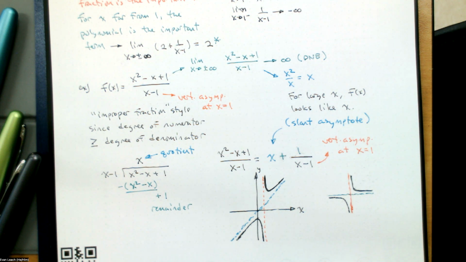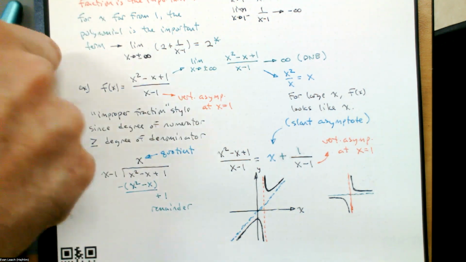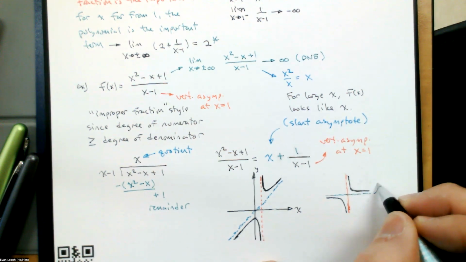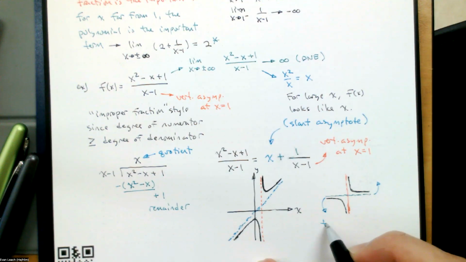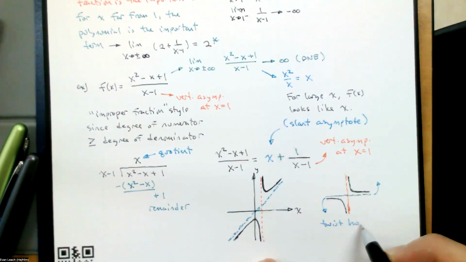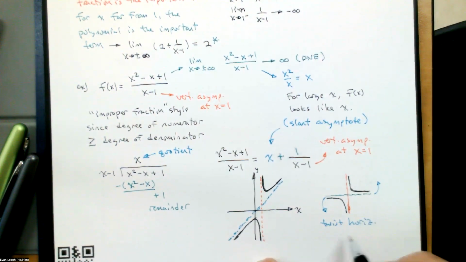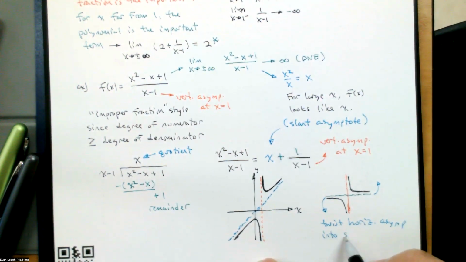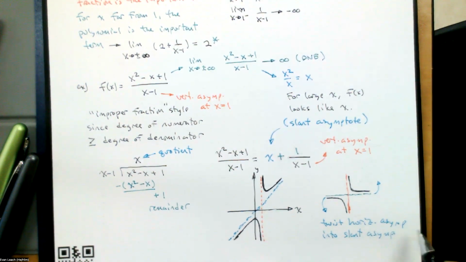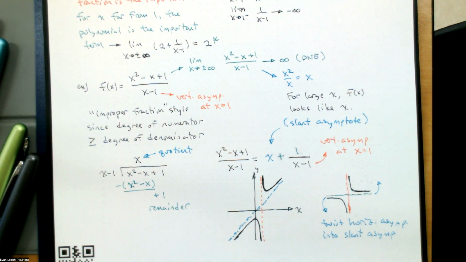We just grab that horizontal asymptote and pull it to an angle. We can think of twisting that horizontal asymptote into a slanted asymptote.